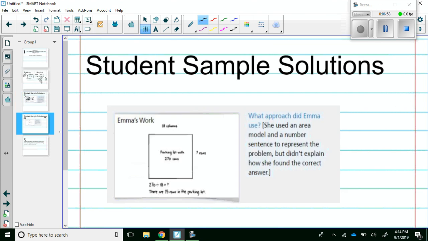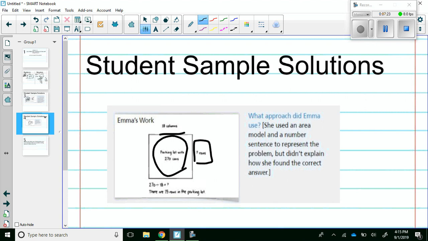Another student, Emma, did the problem similar to how I would. She used the area model similar to mine to represent the parking lot. She used the parking lot to represent the 270 cars. She had hers split up into columns, and then she did not know how many rows there were.